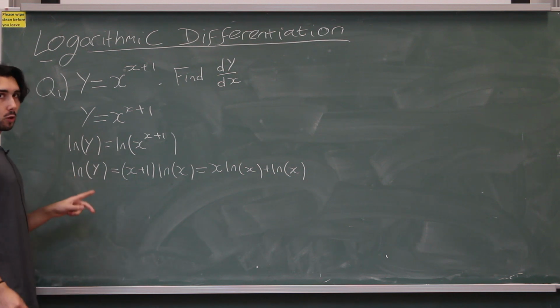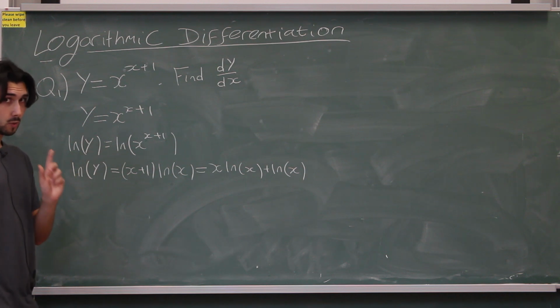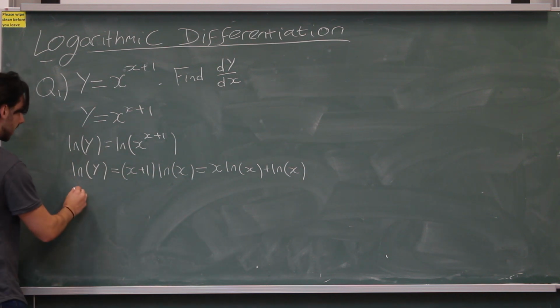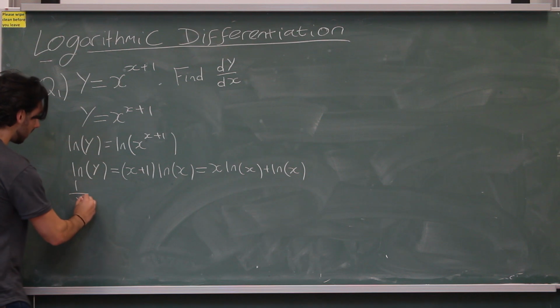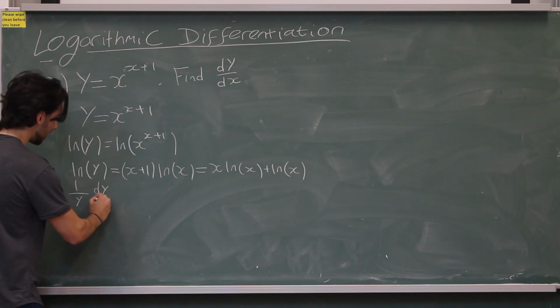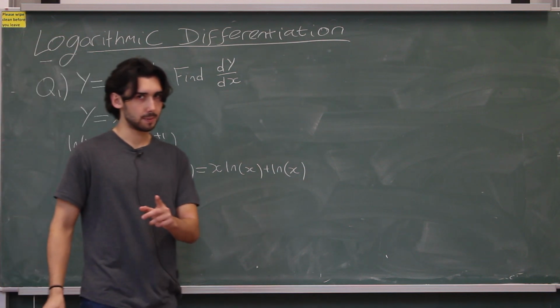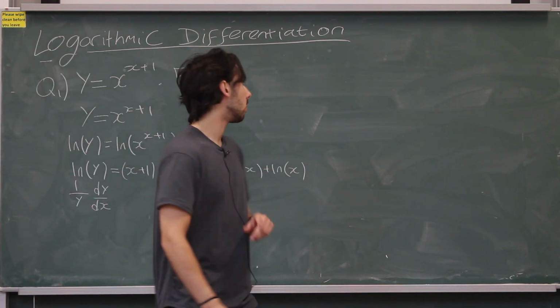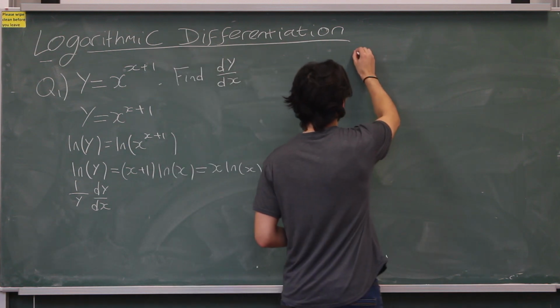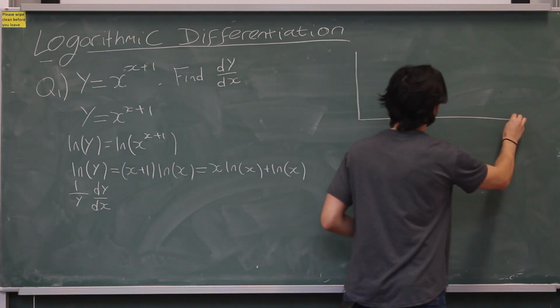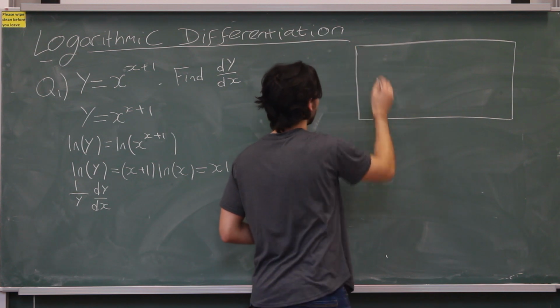Now, the natural log of y with respect to x is going to differentiate to 1 over y times dy dx, okay? The reason, if you know about implicit differentiation, is because, and I'm going to write this down, this is implicit differentiation over here, okay? This is really important.